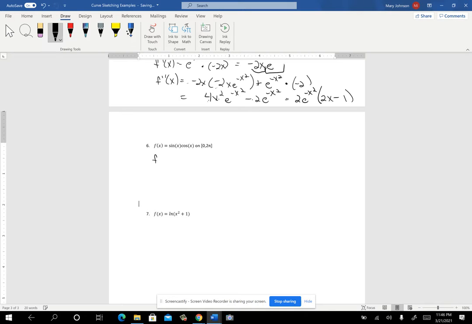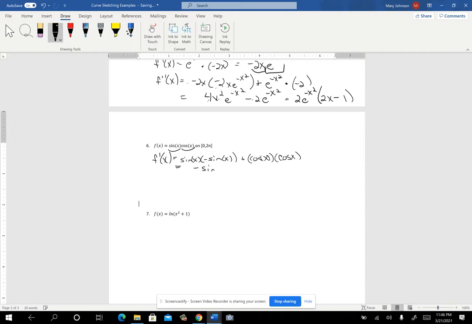Okay, so on number 6, all right, this is a product rule problem, so it'll be first times the derivative of the second, which is negative sine x, plus the second times the derivative of the first, which is also cosine x.